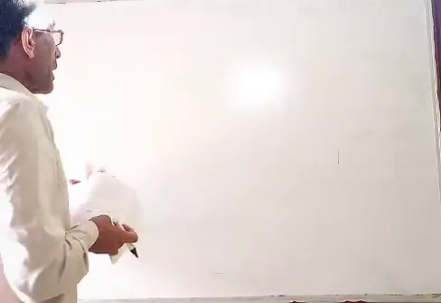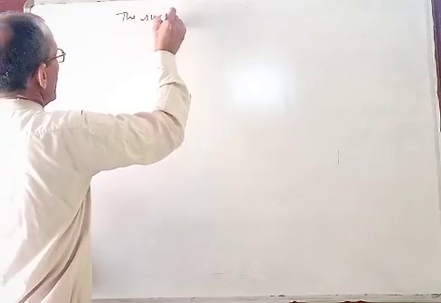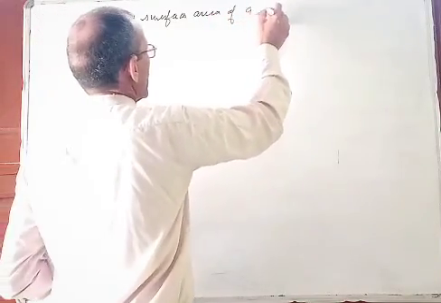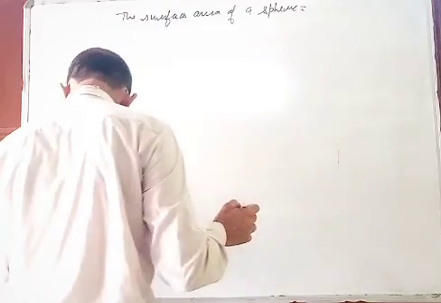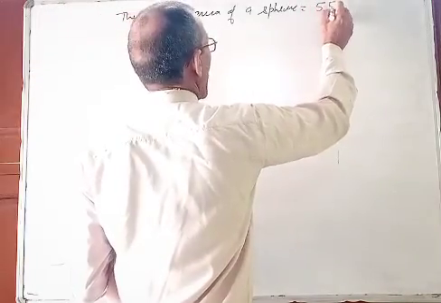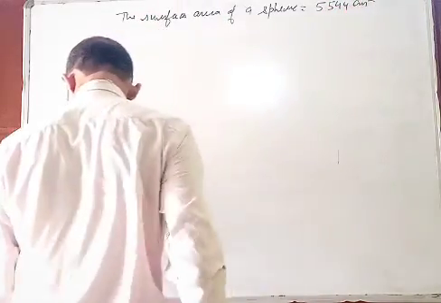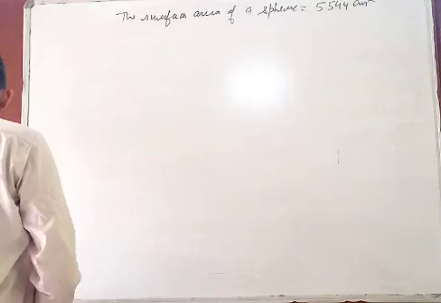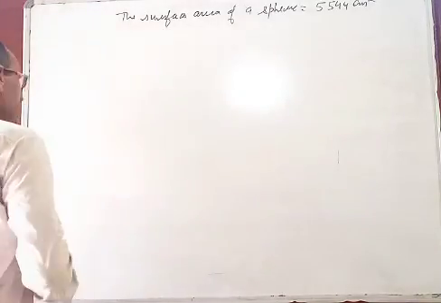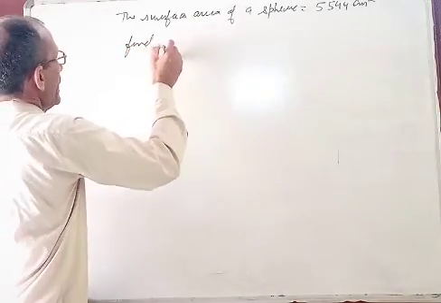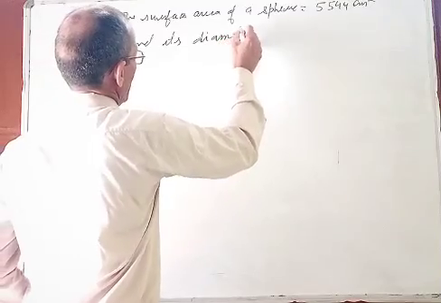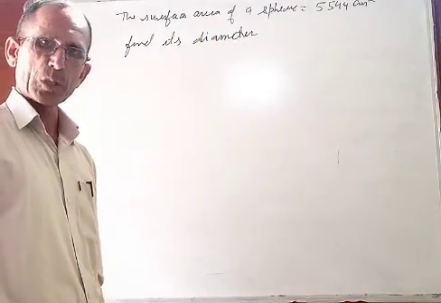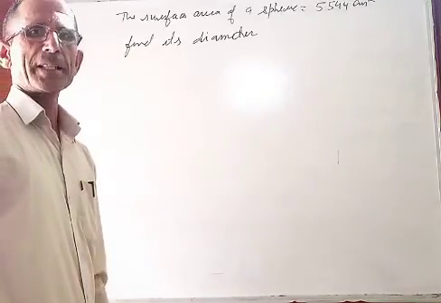The surface area of a sphere is 5,544 square centimeter. So we have to find its diameter.